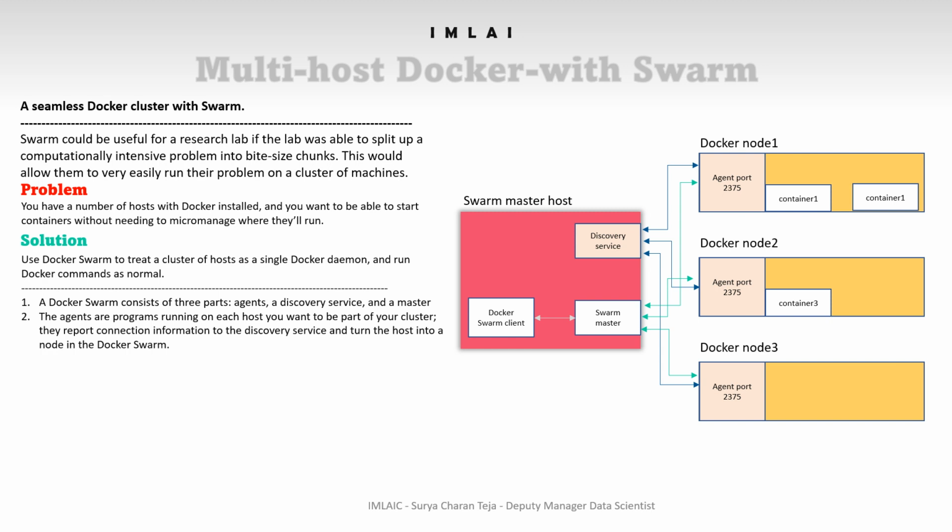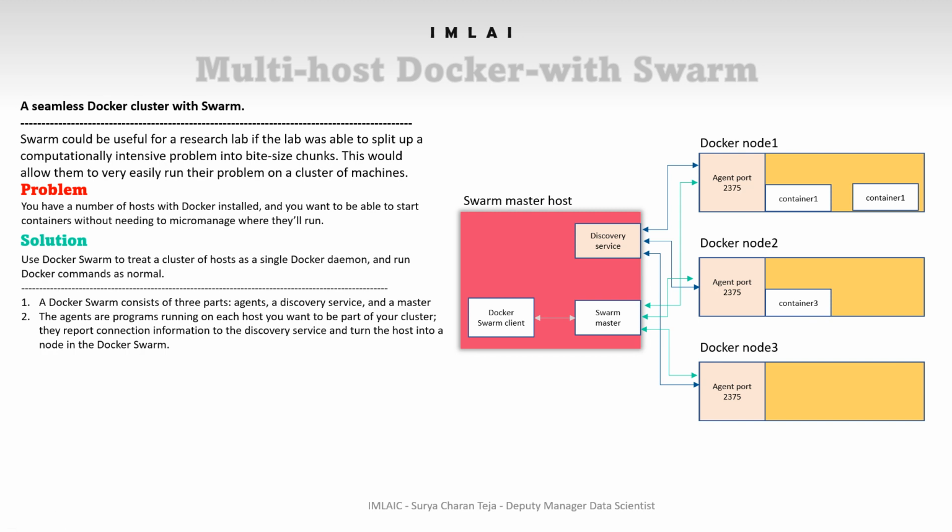You see that this is our Swarm master host, and these are all our agents. Each host with an agent needs to have the Docker daemon exposed on an external port.